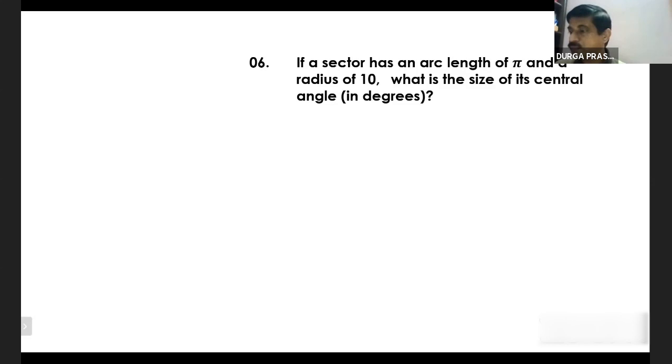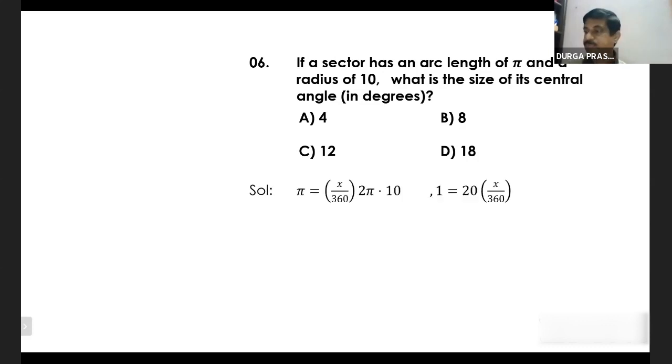Yeah. So now let us go to this question. If a sector has an arc length of 5 and a radius of 10, so let us take a circle.